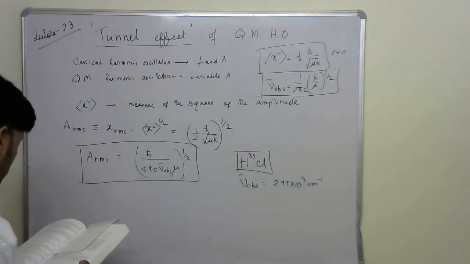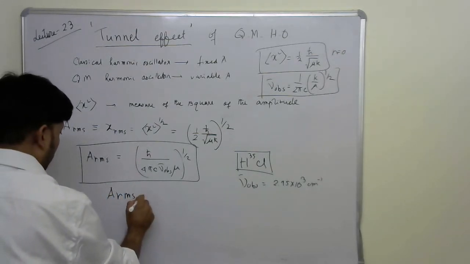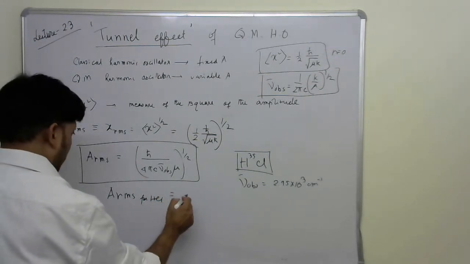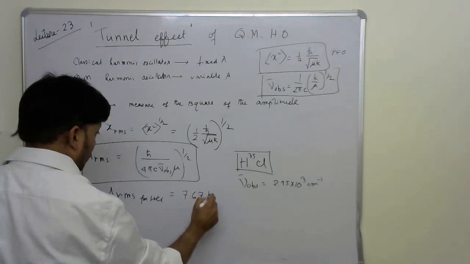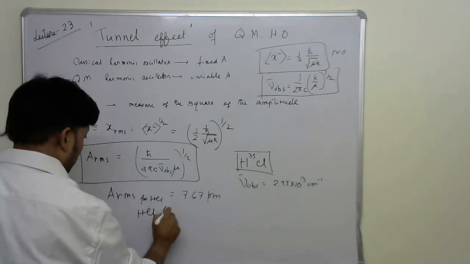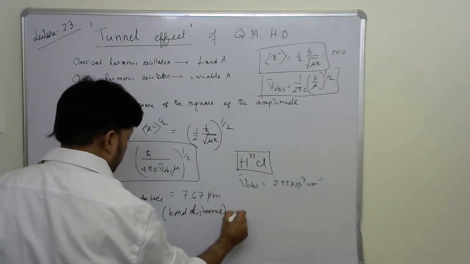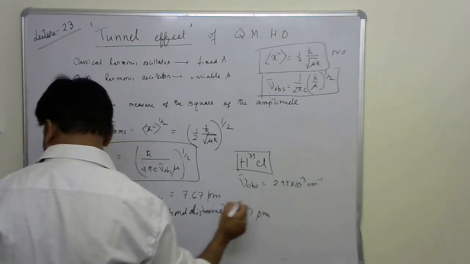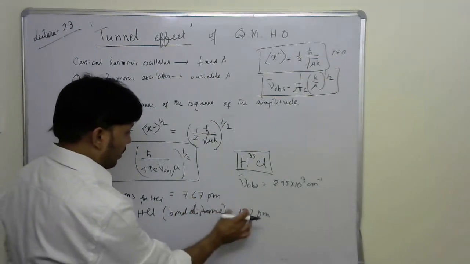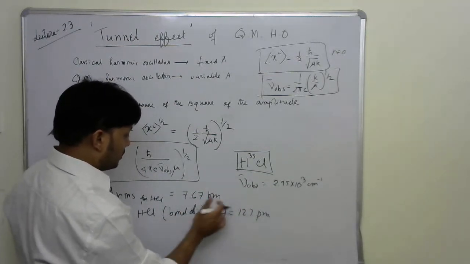Now if we calculate the ARMS for normal HCl, it would give you a value of around 7.67 picometer, whereas the normal HCl bond distance is equal to 127 picometer. You see that this displacement is less than 10%, around 5 point something to 6 point something percent.